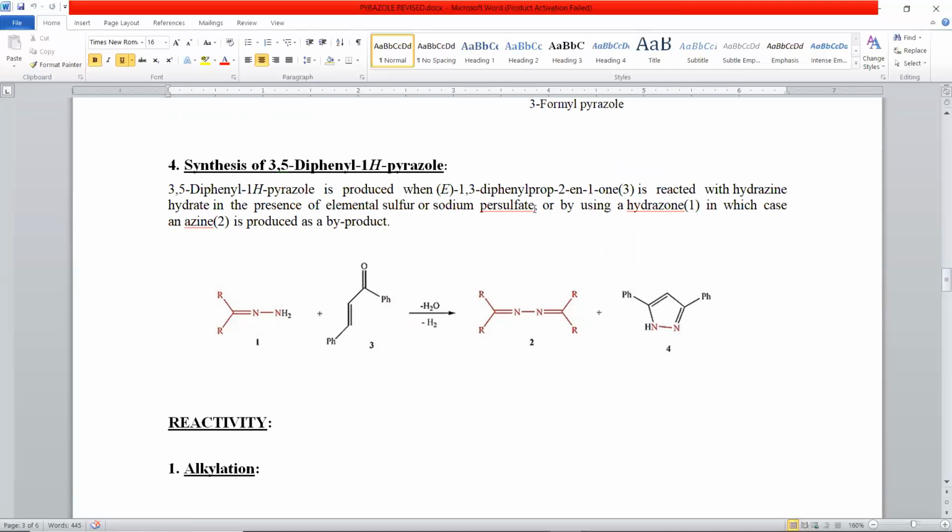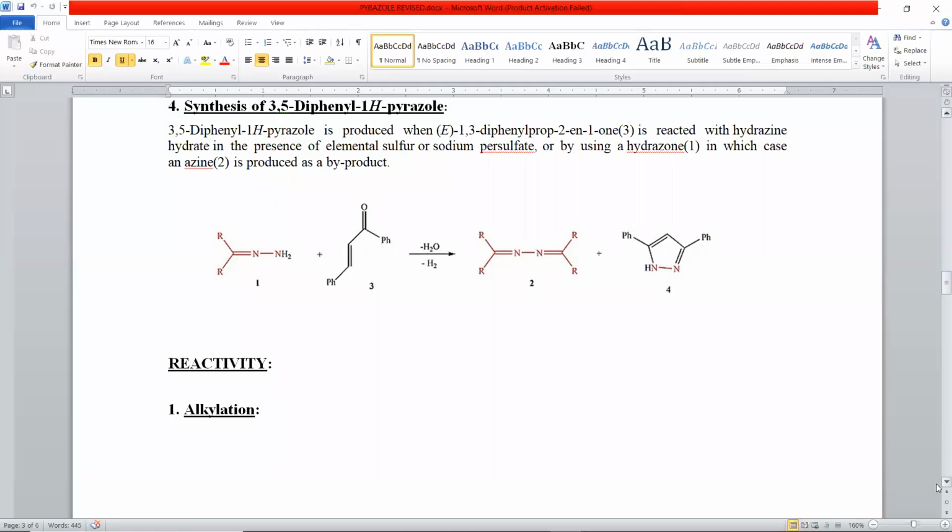In this reaction a side product is also formed. Azine is formed as a side product, and here we are getting a substituted pyrazole. So 3,5-diphenyl pyrazole is obtained in this reaction. 1,3-diphenyl propenone reacts with a substituted hydrazine or hydrazine.